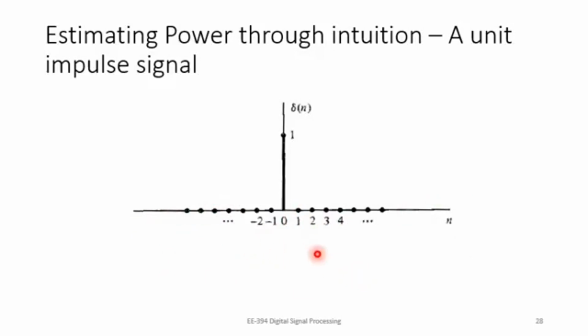So this indicates that this is an energy signal with 1 unit of energy, and if we calculate its power, we are bound to get 0 power, because when we spread out a finite amount of energy to an infinite number of samples, we get 0.